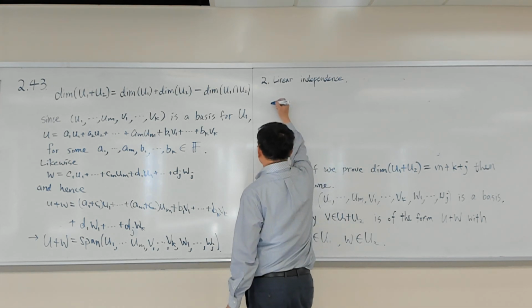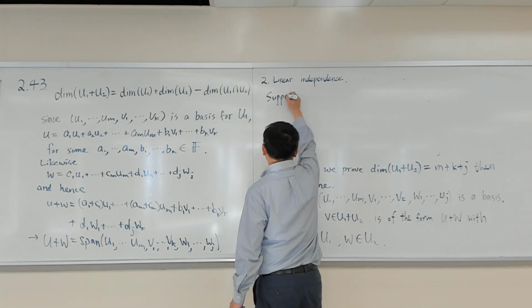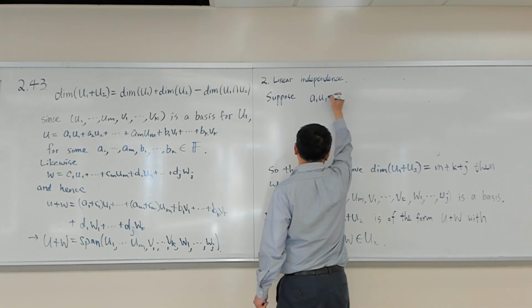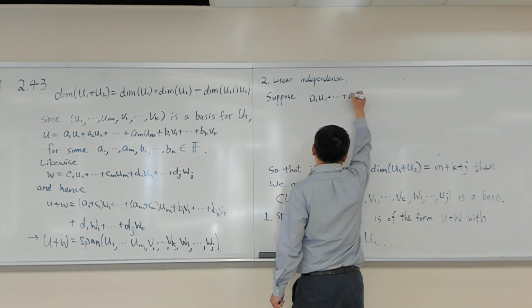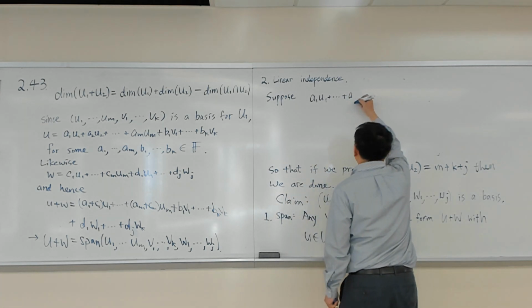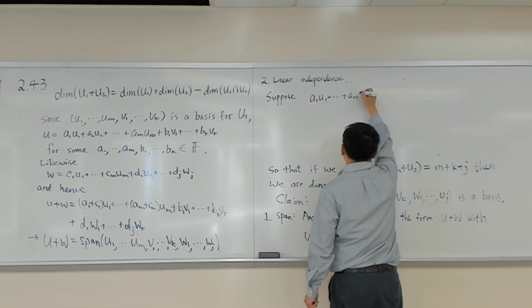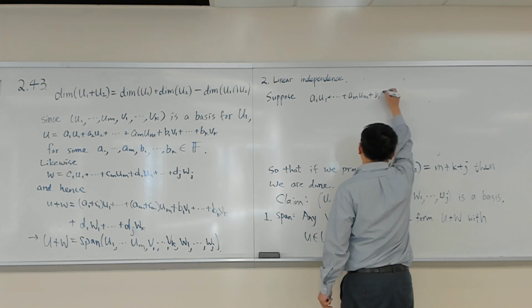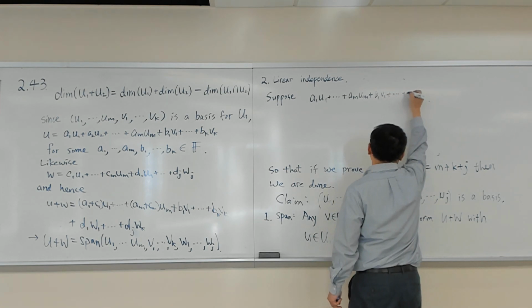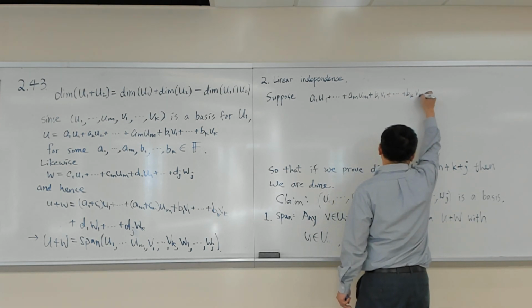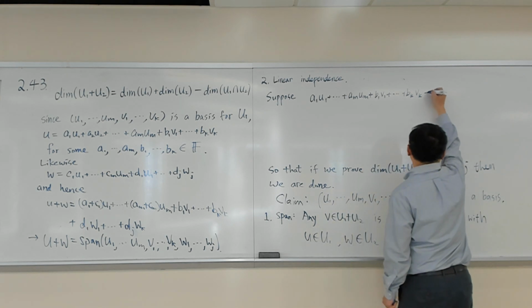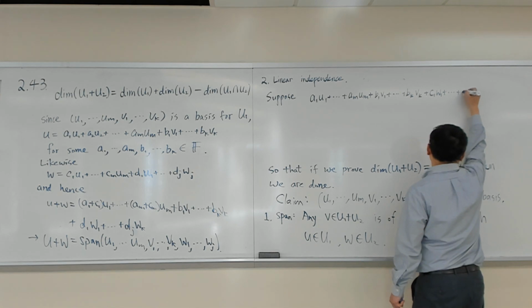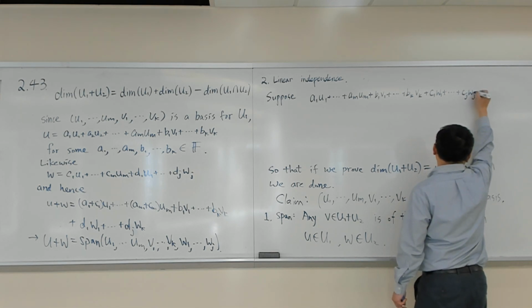To show that, suppose a1 u1, all the way up till am um, plus b1 v1 all the way up till bk vk, plus c1 w1 through cj wj is equal to 0.